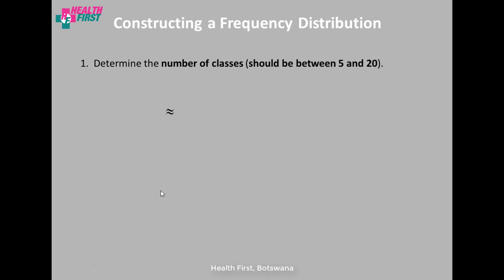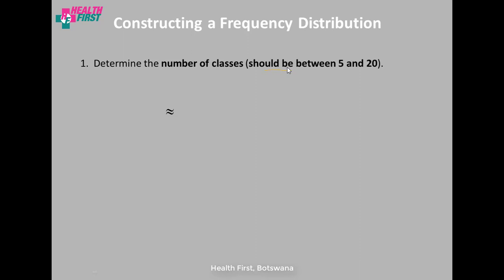But the rough guideline is that you should have anywhere from 5 to 20 classes, right? 20 being the maximum, 5 being the minimum. So again, this will just come by practice as you work through different problems. Okay, so that's the guidelines there.